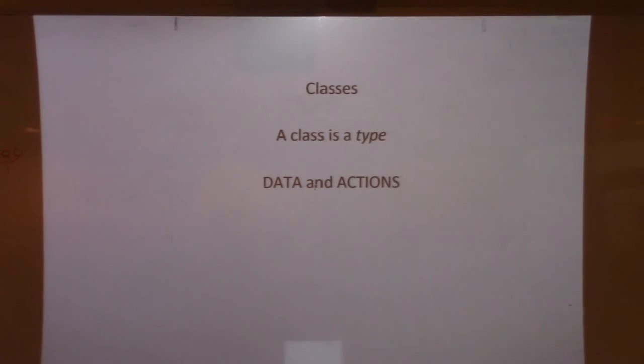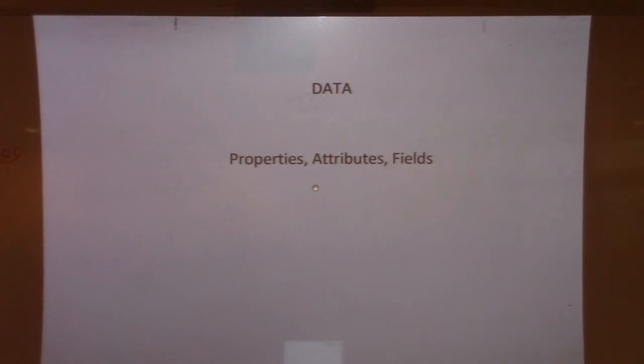The data could be the properties that are significant for automobiles, like maybe the name, the model, the number of doors, sunroof true or false. So we're going to have some properties that describe that particular type.